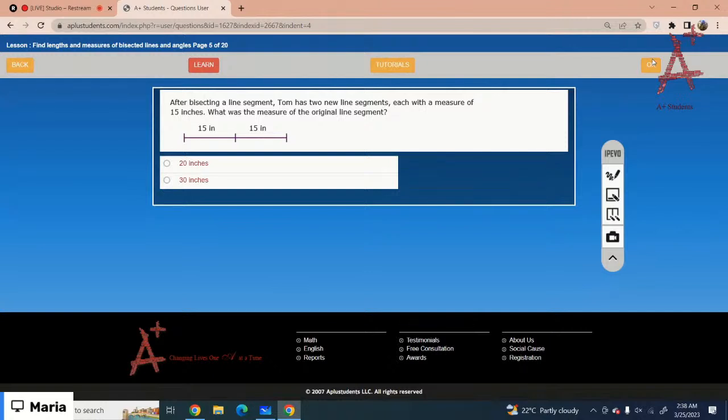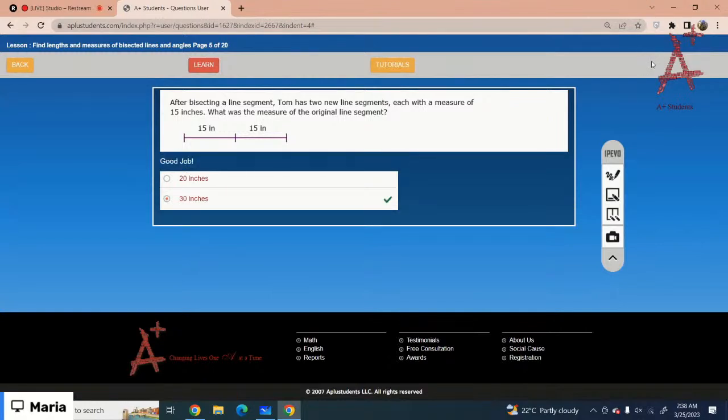So you need to add them. 15 plus 15 makes 30. Got it? So it is 30 inches. You have to add the length of both the line segments.